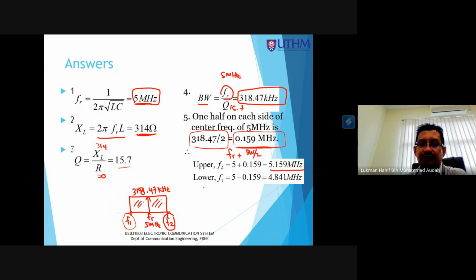And then if I want to find the lower frequency, the lower frequency is F resonant minus bandwidth over 2. So I get 4.841 megahertz. So we get the lower frequency and also the upper frequency value.